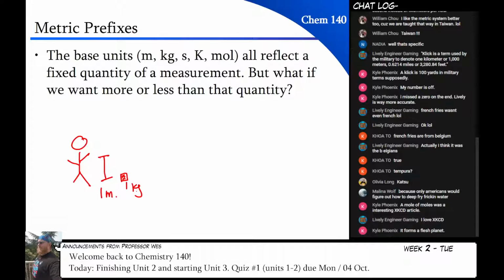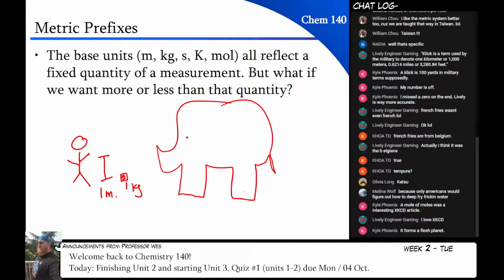Now, what if I wanted to measure an elephant? There's my elephant. It doesn't really seem appropriate to measure my elephant in meters, or in centimeters is what I meant to say. If he's tall, he might be like 4 or 5 meters tall.